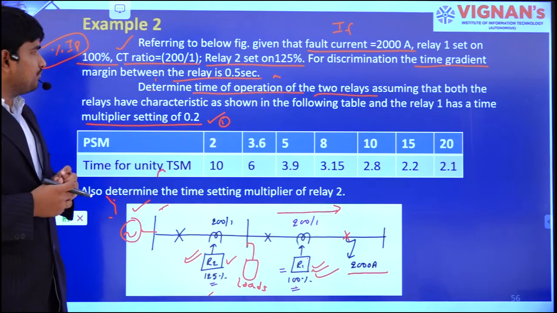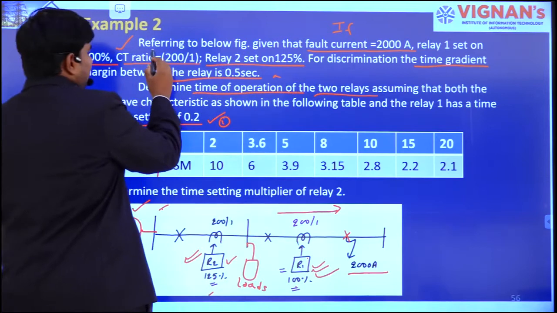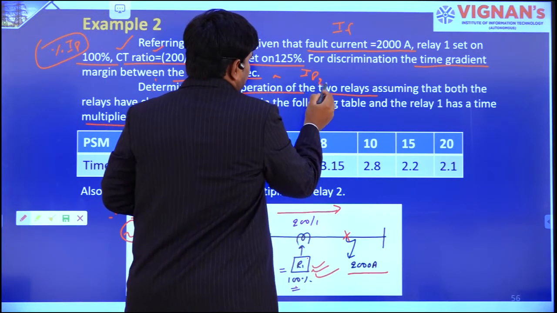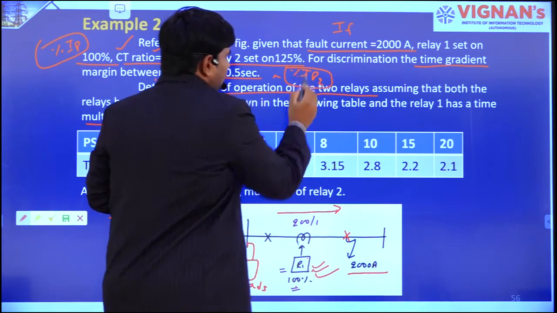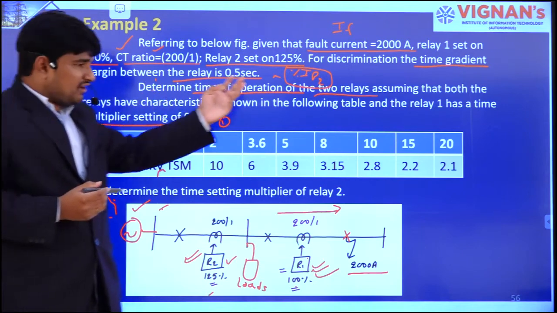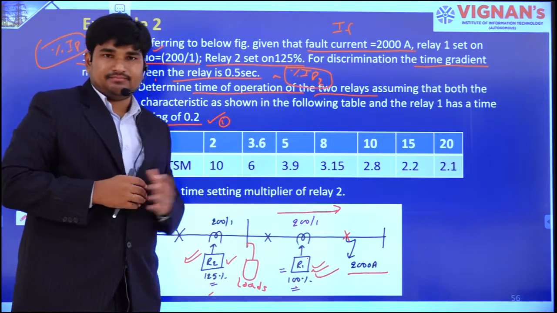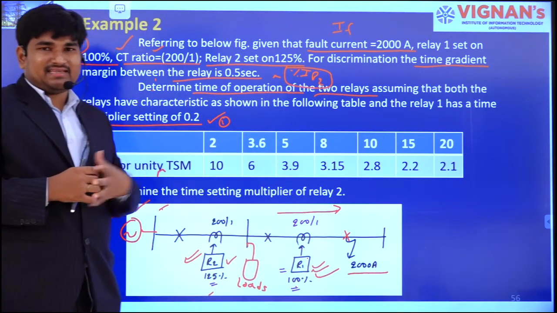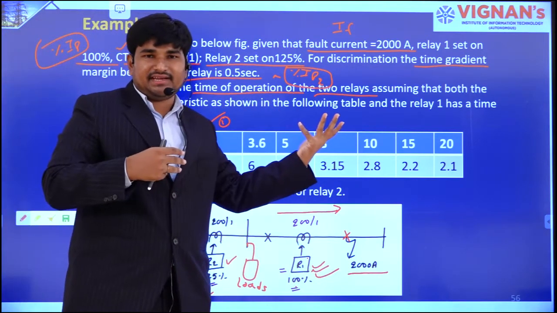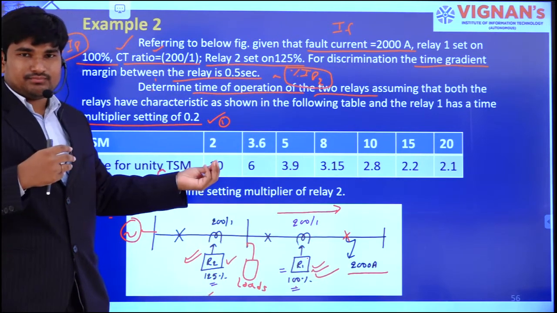Now relay 2. For relay 2, they have given the same CT ratio, and the percentage of plug setting will be given, but we just miss the data of time multiplier setting. Without the time multiplier setting, how could we get the operating time of relay 2?